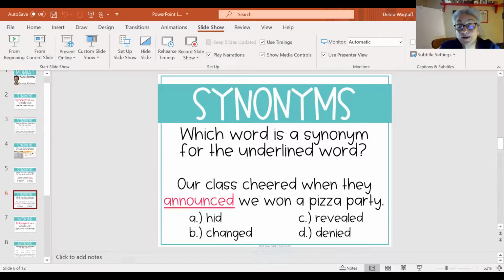Perfect, guys. So what I want you to do for your assignment, I want you to think about synonyms, and I want you to write 2 sentences about your backyard and try to use 2 synonyms, 1 in each sentence. Here's an example.